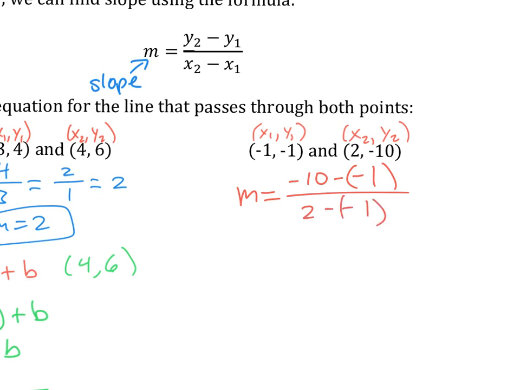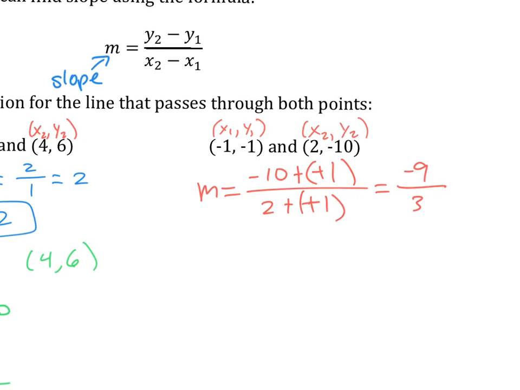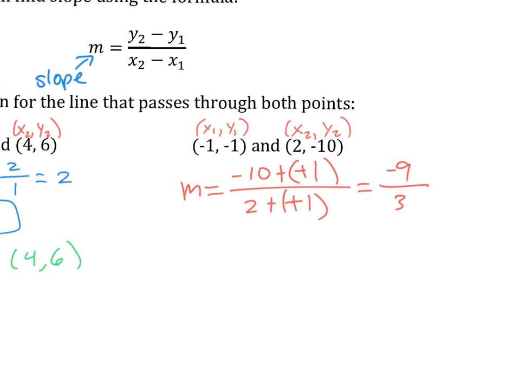Well, minus a negative is the same as adding, so we're going to chop in the numerator and the denominator. That gives us negative 10 plus 1 is negative 9, divided by 2 plus 1, which is 3. Then we can simplify that. Negative 9 divided by 3 equals negative 3. So our slope is equal to negative 3.